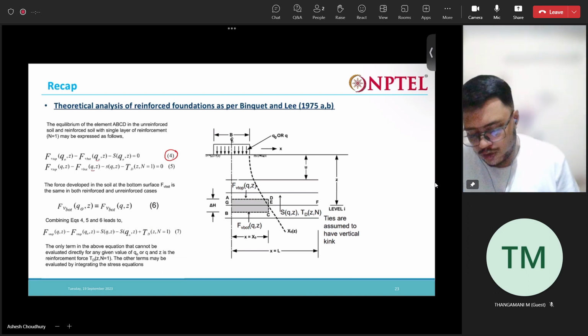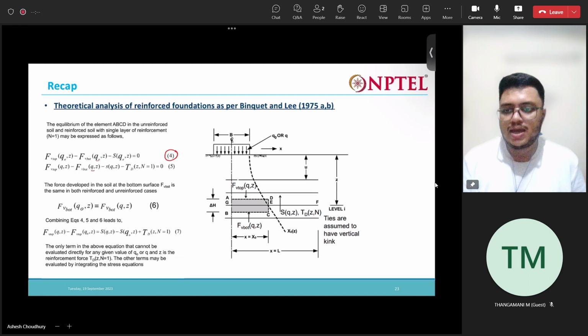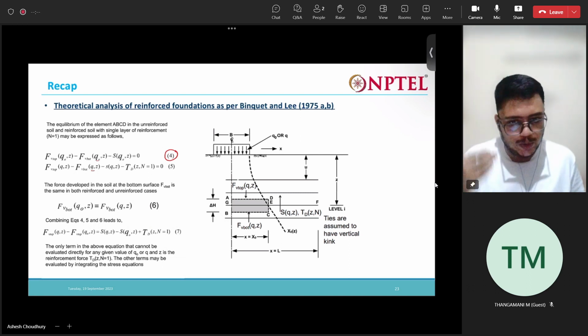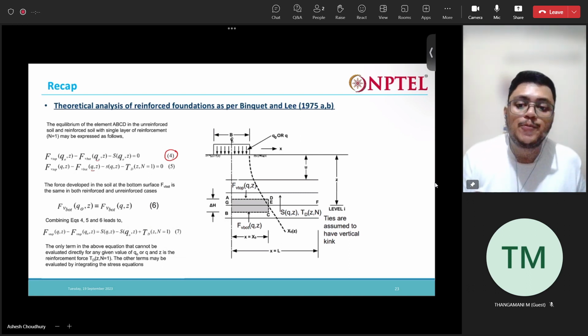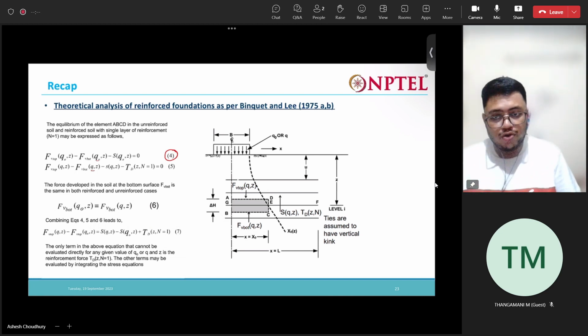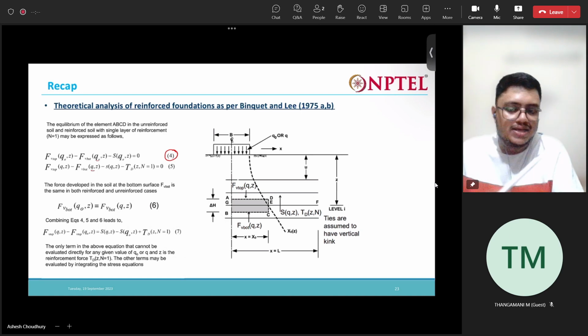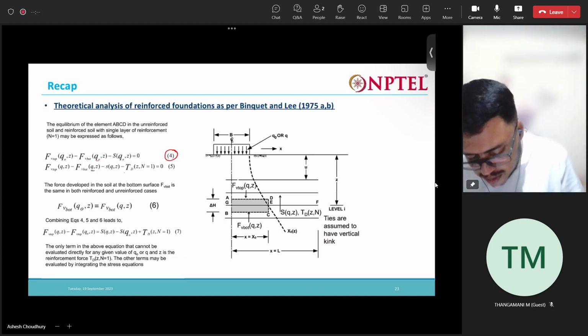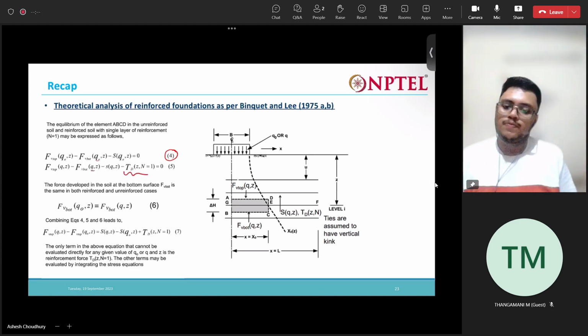That's why we are using the term Q naught here. And equation 5 represents the vertical force equilibrium when we are providing the reinforcement. So here you can see this Q is written in place of Q naught. Also, one more extra term is coming, that is the reinforcement force.